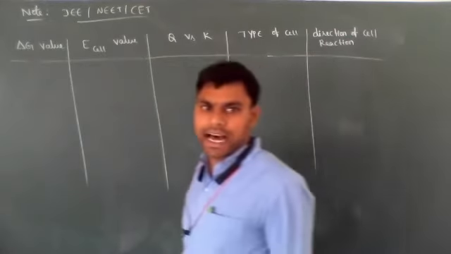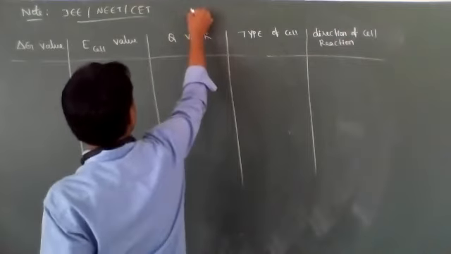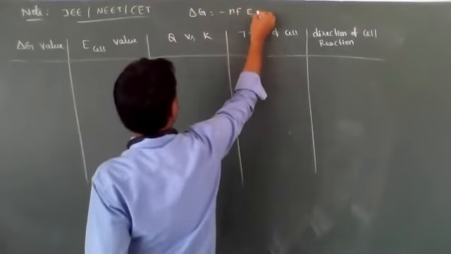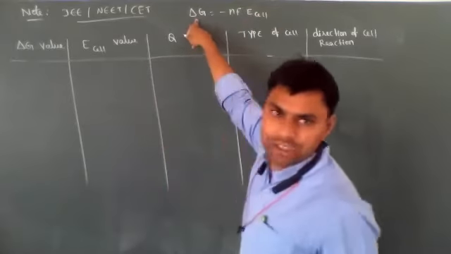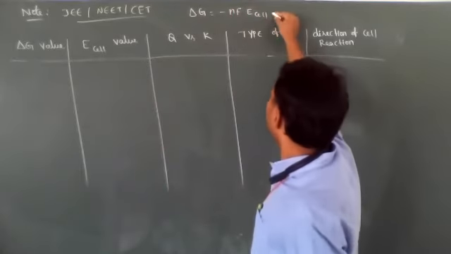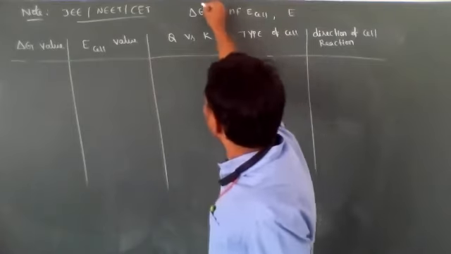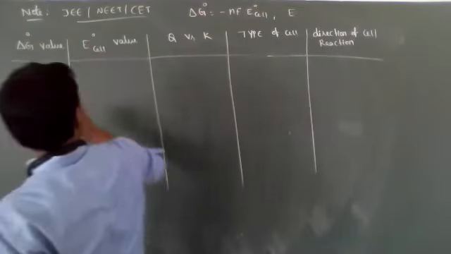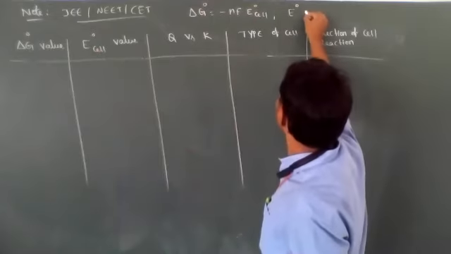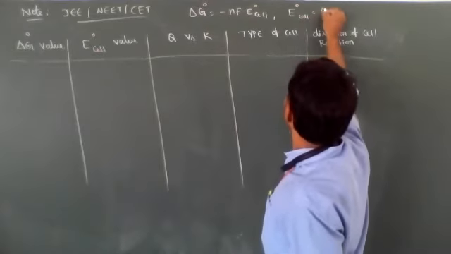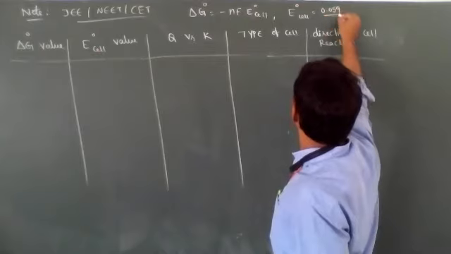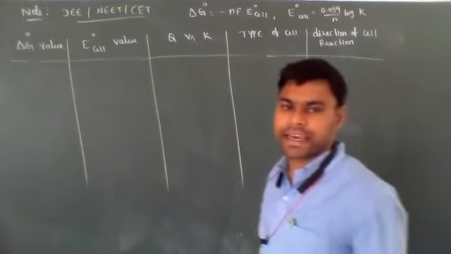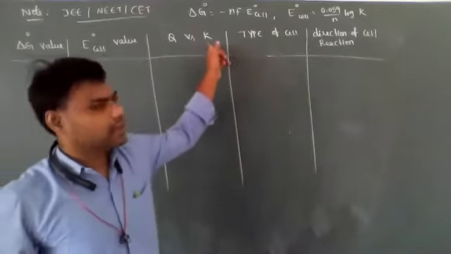Already we know that delta G is equal to minus nF E cell. Delta G negative means E cell is positive. Also, E0 cell is equal to 0.059 by n log K. We know Q is the reaction quotient and K the equilibrium constant.